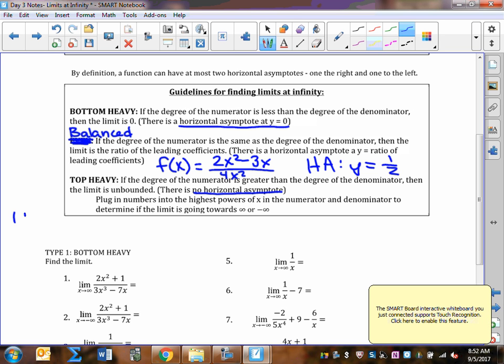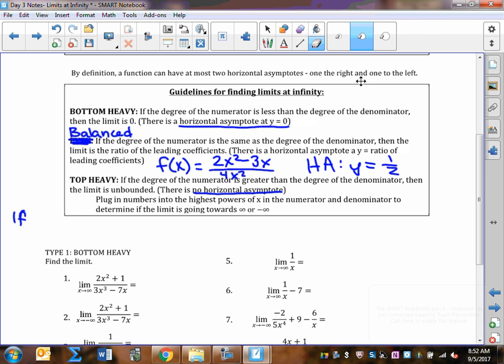So we'll write: if the limit as x approaches infinity, and we'll just combine it together, we'll say positive or negative infinity. Really, we should write it twice, but save yourselves the trouble.